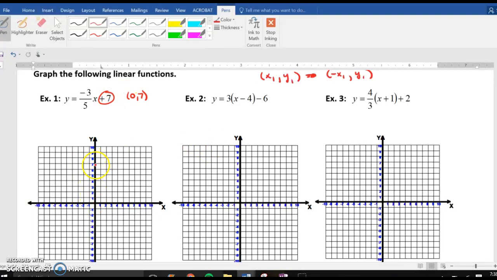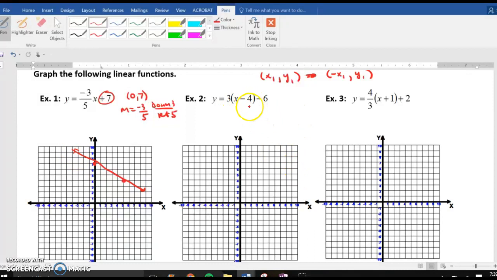So I'm going to go ahead and plot that. And I know my slope is -3/5. So that's going to tell me to go down 3, right 5. So from here, I go down 1, 2, 3, right 1, 2, 3, 4, 5, plot my point, and then I go ahead and graph the line.